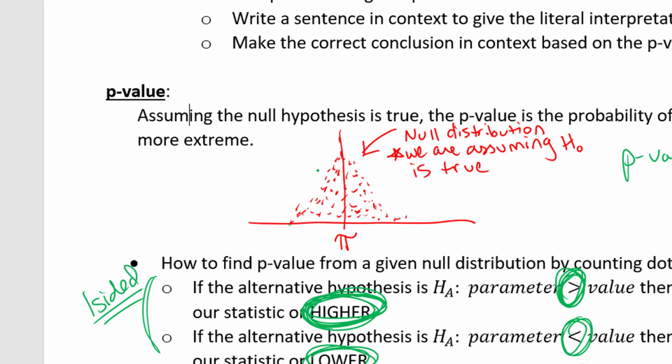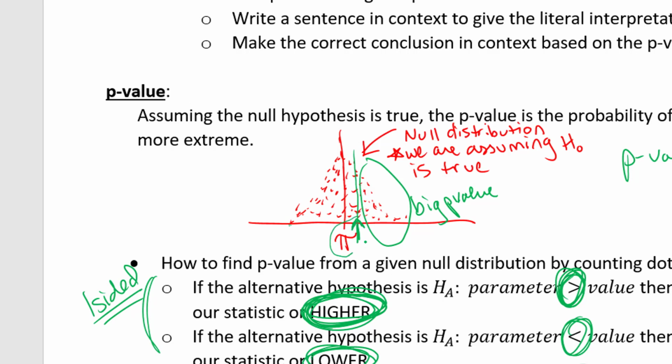Again, back to the null distribution picture. I have this little null distribution here. If my sample statistic were, for example, right here, and I were counting samples that are like my sample and more extreme, I'd be counting all these dots. That's a lot of dots. That would be a big p-value. There's lots of samples that are like mine and more extreme. So that is saying, it seems like the null hypothesis may be plausible.